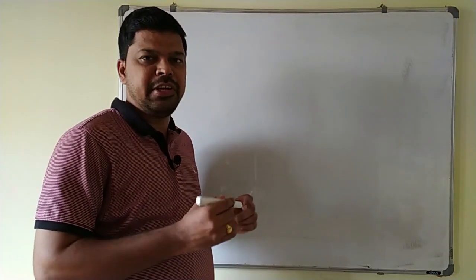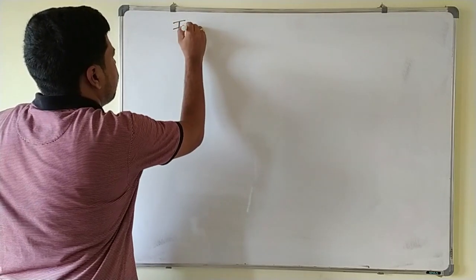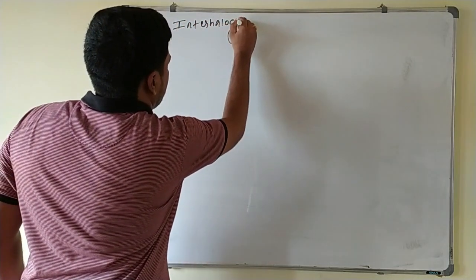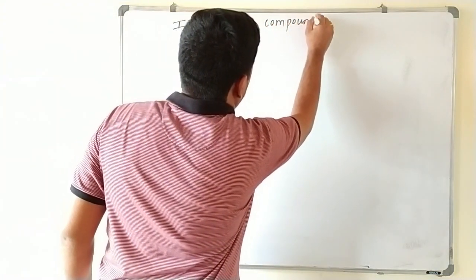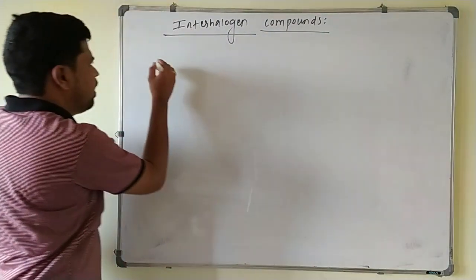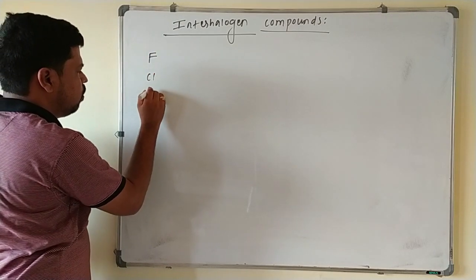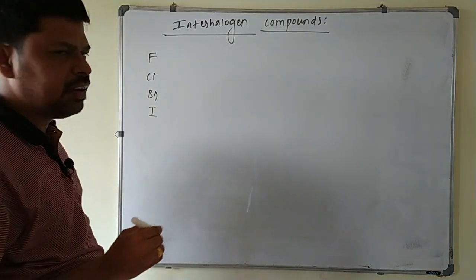So the next concept is interhalogen compounds. So what are these interhalogen compounds? Already we know that in case of group 17, fluorine, chlorine, bromine and iodine, all these group 17 elements are what?